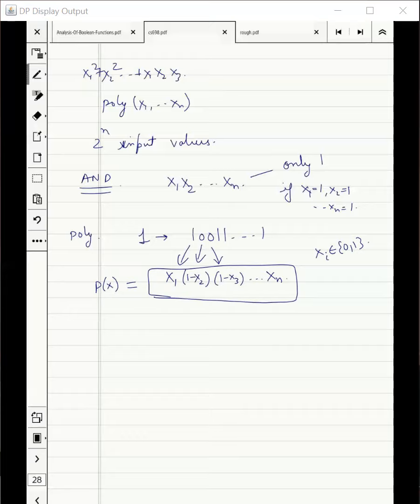So when I talk about polynomial representation, I mean for all my interesting inputs, my polynomial should be equal to the function. It doesn't mean that the polynomial is only defined on these inputs. The polynomial will be defined over the entire R to the power n, though I care only about these inputs. This is what is meant by polynomial representation of the function. That's clear?